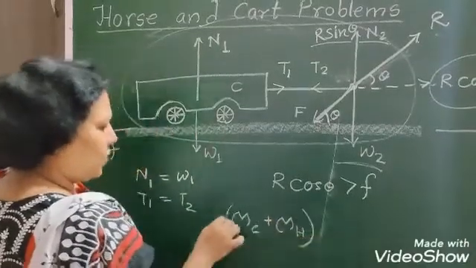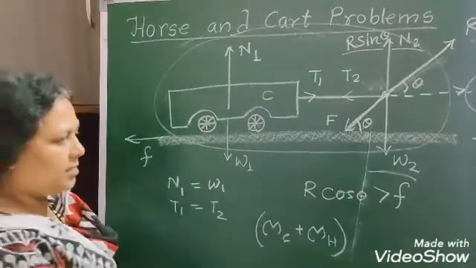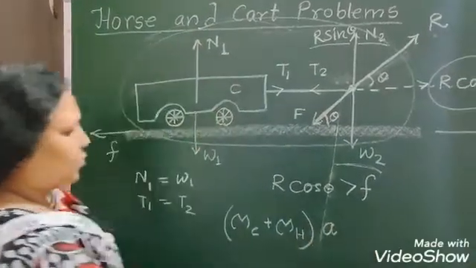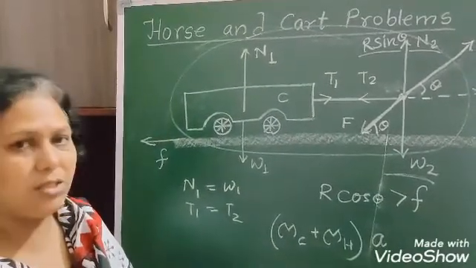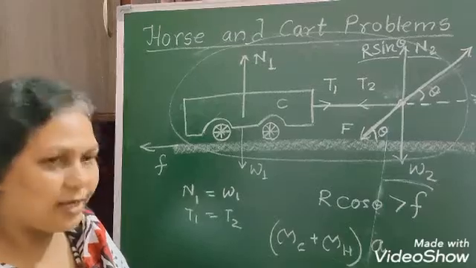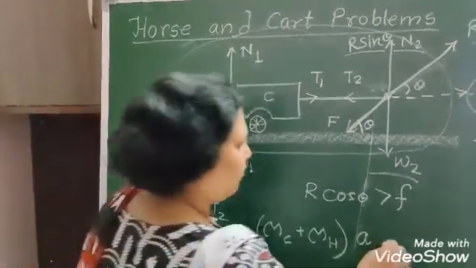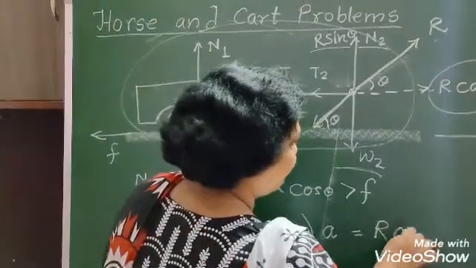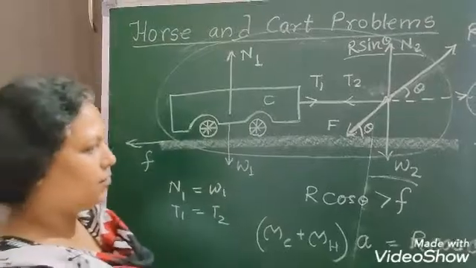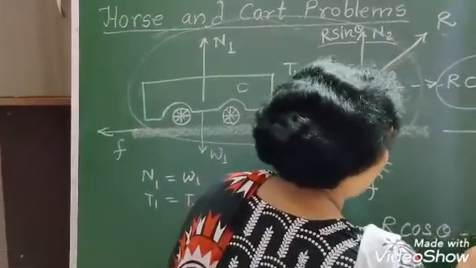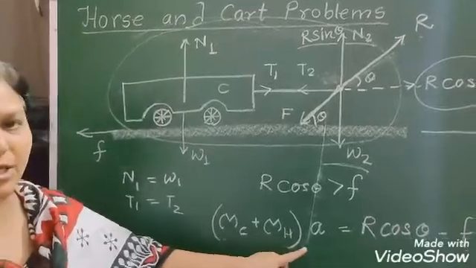So this is the total mass, and in this system the acceleration produced is A. This mass into acceleration is the net force, the resultant force of R cos theta and the force of friction. So R cos theta minus f will provide (mc plus mh) into A.